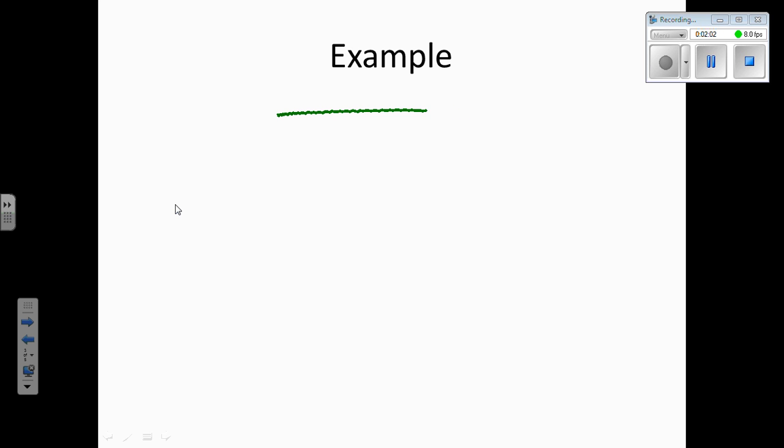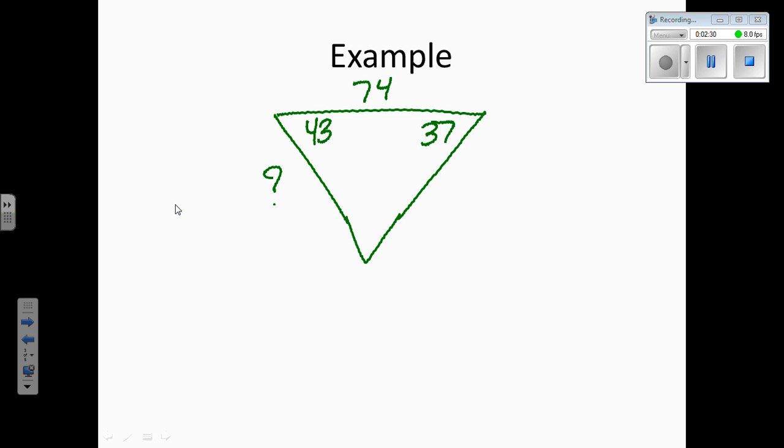Alright, so we know it's 74, and we have angle of depression 43, supporting my cable car. So I need to determine the length of the cable to the nearest tenth of a meter. So I need to find those two lengths. First let's find the angle.